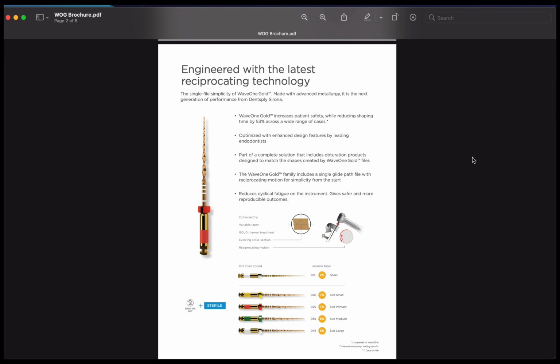So you choose initially which size you think the canal is going to require, and then you use that file, and hopefully you chose correctly and you've completed your instrumentation in a single file system. Now, you have to choose carefully, because if you choose poorly, then you will have to use another file, whether it be smaller or larger.